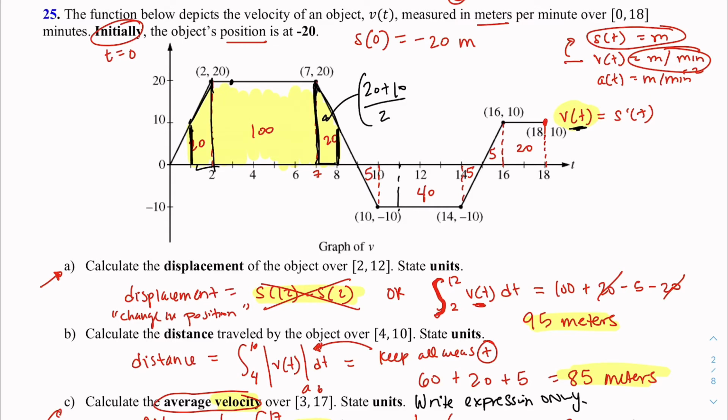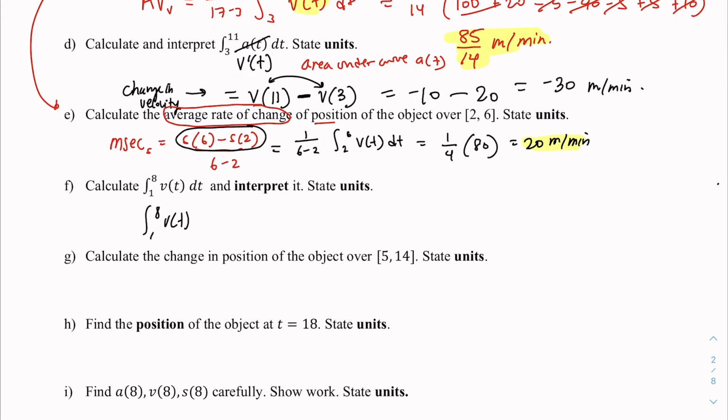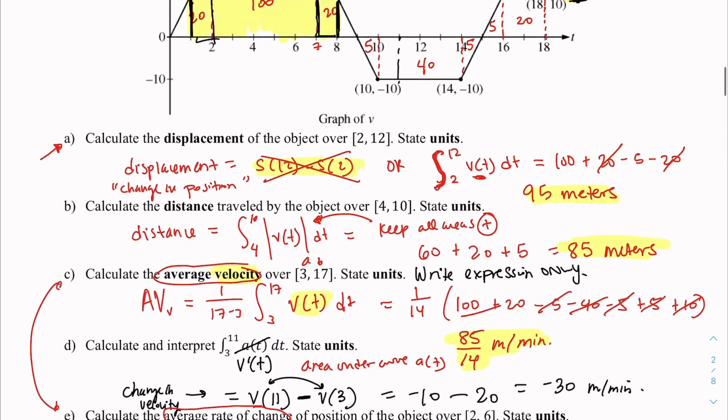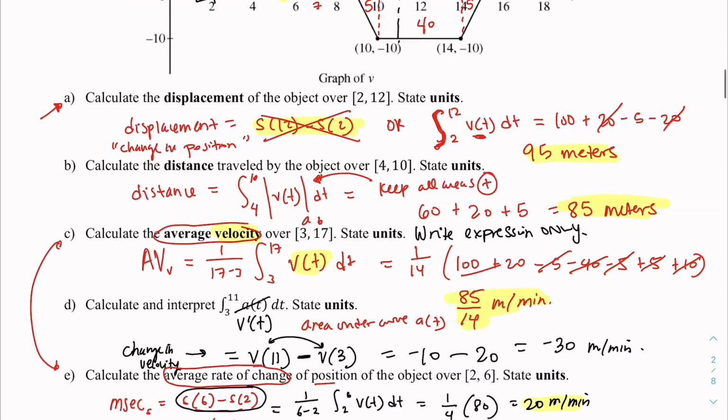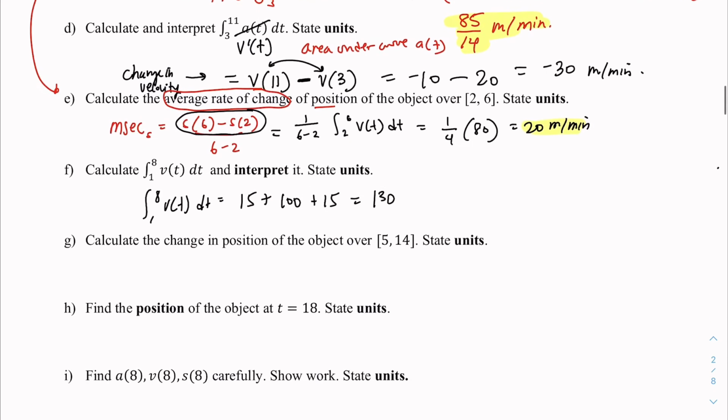Okay, finding their average, times the width from 7 to 8, that's just 1. So that's going to be 15 for the trapezoid. So that's 15 plus, that's the first trapezoid, the 100 in the middle, plus the second 15 gives us 130.